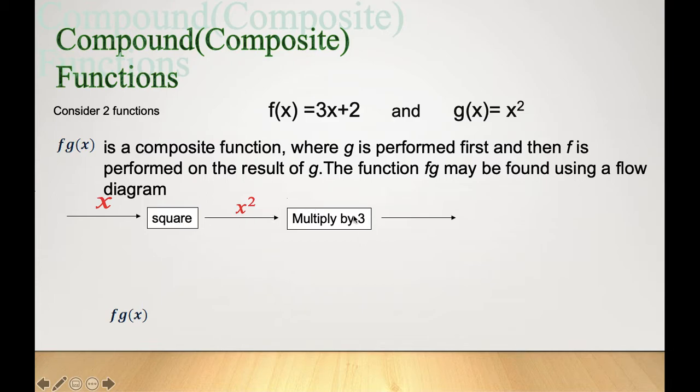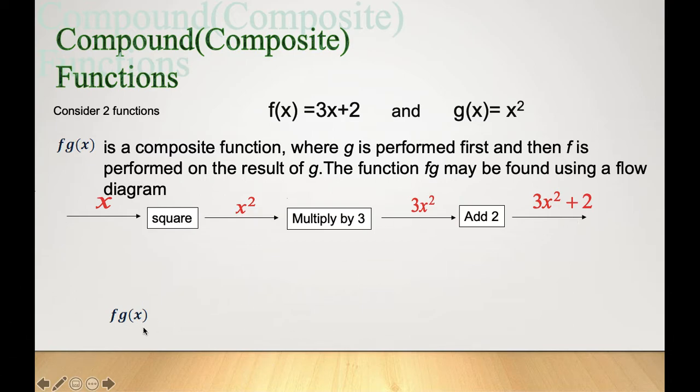The next step is to multiply by 3, because the result of g of x is the input for f of x, to get 3x squared. Now the next simpler function is add 2, so you get 3x squared plus 2.